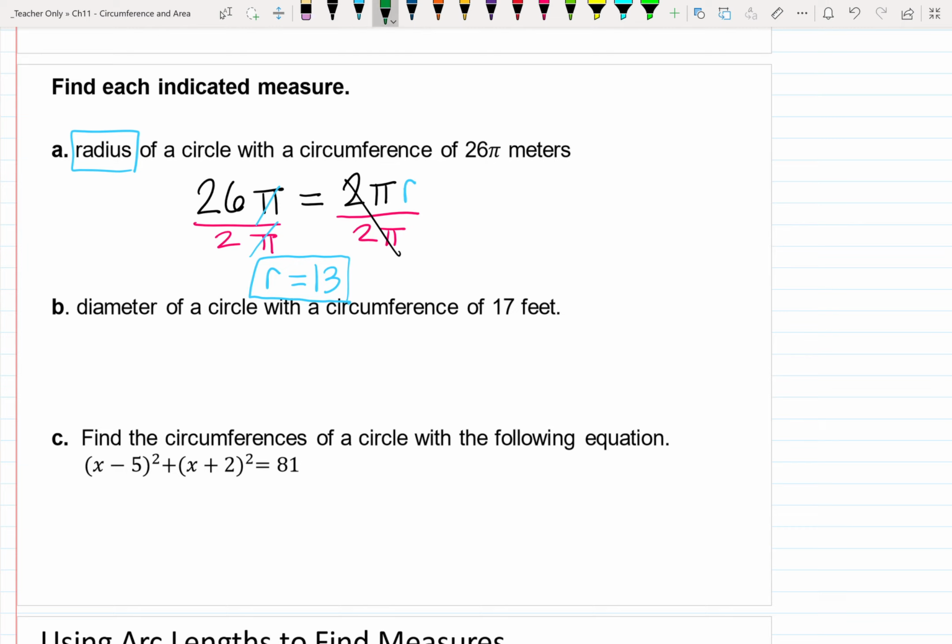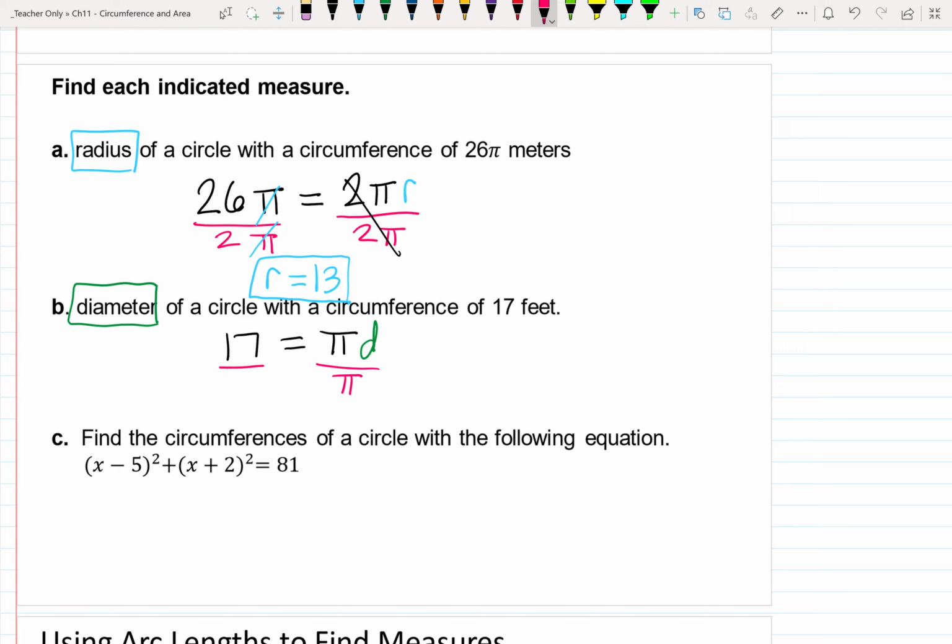Part B, we're asked to find the diameter of a circle with a circumference of 17 feet. So 17 feet is our circumference that we're working with, and the diameter formula is just pi times the diameter. In this instance, I only have to divide by pi on both sides to get the diameter alone.